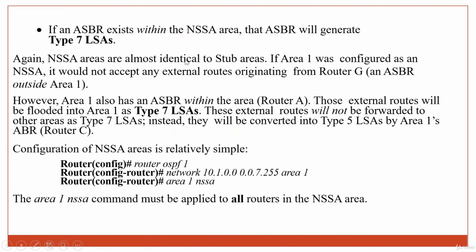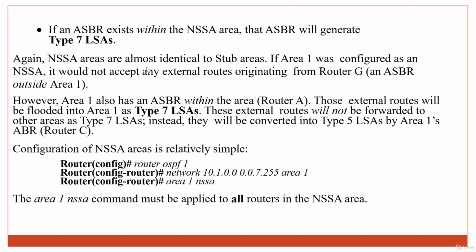Now we are going to introduce one new LSA, that is LSA type 7, that we haven't discussed so far, but the not so stubby area is linked with LSA type 7. And what's the use of LSA type 7? If an ASBR exists within the NSSA area, this ASBR will generate type 7 LSA.